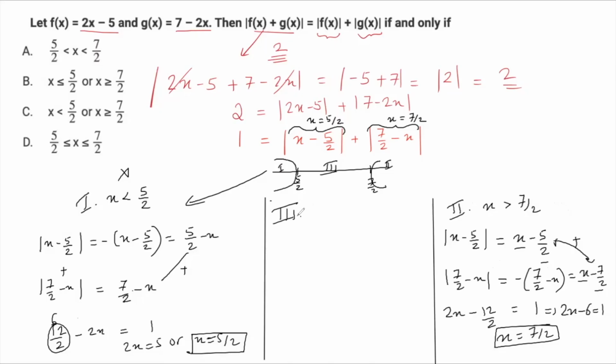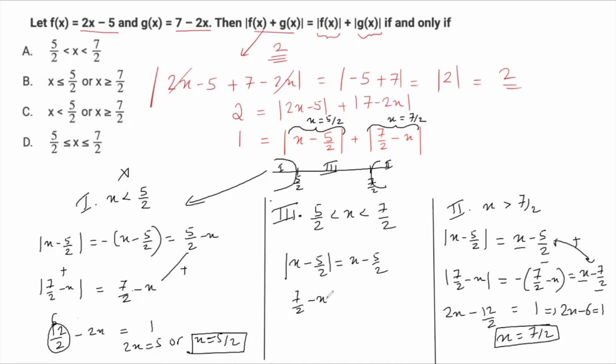The third possibility is x is greater than 5 by 2, but less than 7 by 2. In that case, x minus 5 by 2 will be greater than 0 because x is more than 5 by 2. So mod of x minus 5 by 2 will be x minus 5 by 2 as it is.